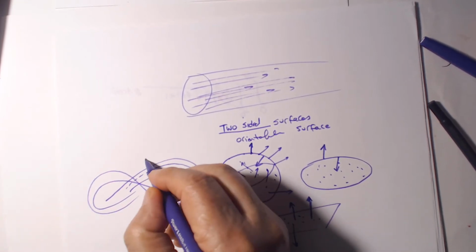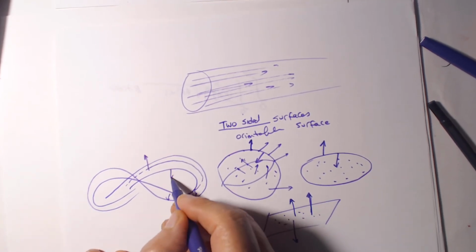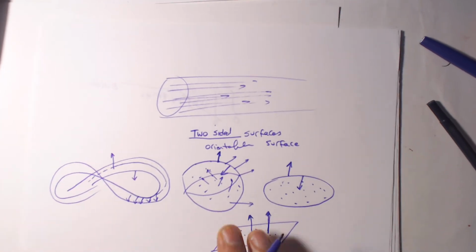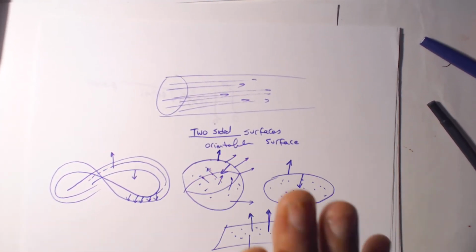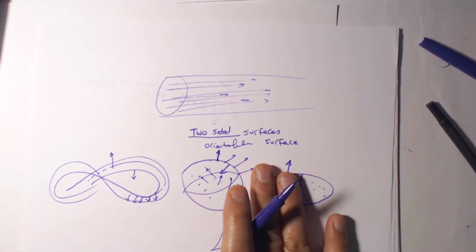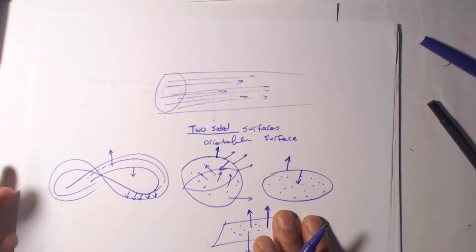Maybe when you go from the top, the unit vector faces up, and when you go underneath it, the unit vector goes down. Here, we're talking about two-sided surfaces that must be orientable and smooth. Other than that, we're not going to deal with surfaces which are not orientable.